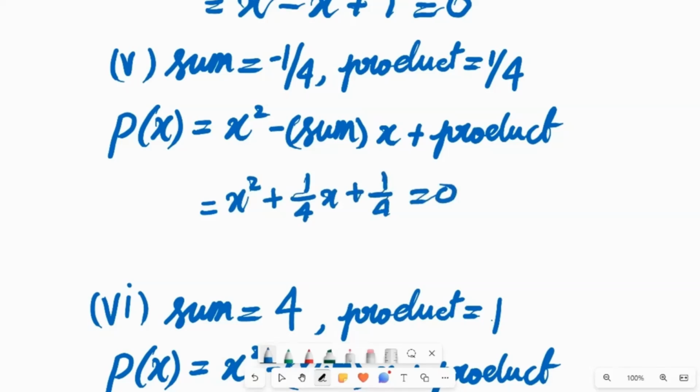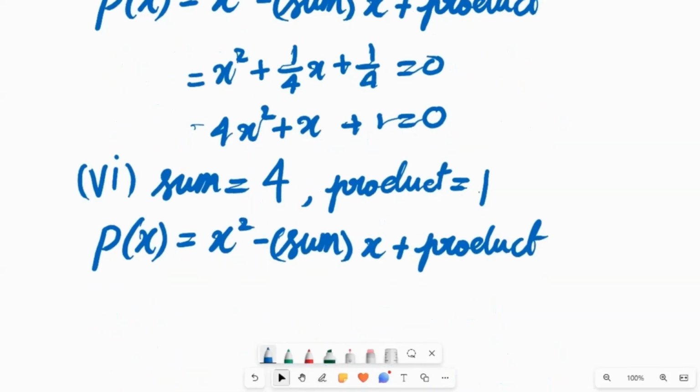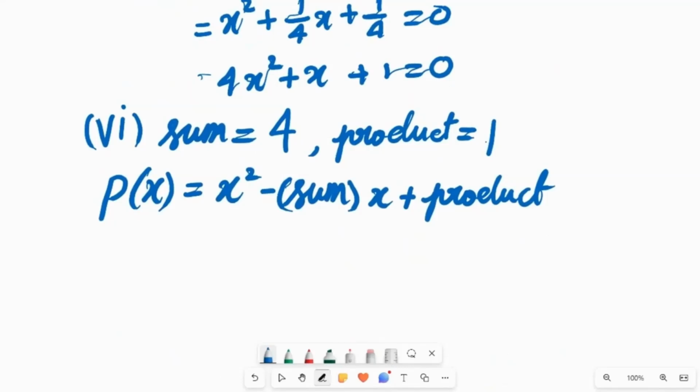If I multiply all sides with 4, I would get 4x² plus x plus 1 equal to 0. Next, last one, sixth one, we have sum equal to 4 and product equal to 1. So the answer would be x² minus 4x plus 1 is equal to 0.